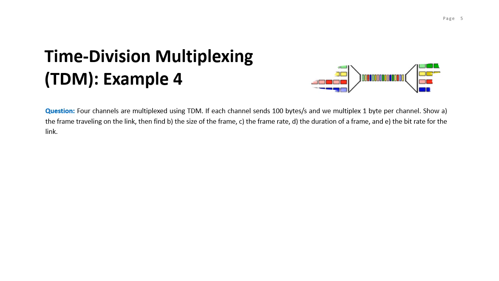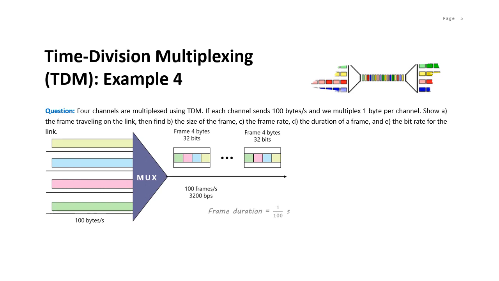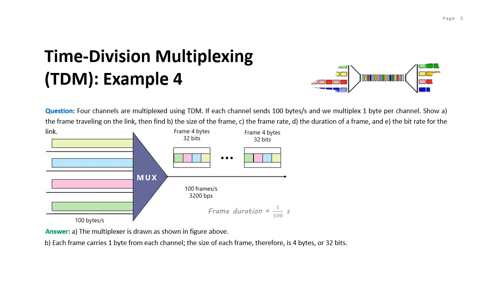We can answer the questions as follows. For A, the multiplexer and the frame traveling can be drawn as shown here. We have 4 channels, and they are multiplexed 1 byte per channel, so each frame traveling on the link will have 4 bytes. For B, as each frame carries 1 byte from each channel, the size of each frame is 4 bytes or 32 bits.